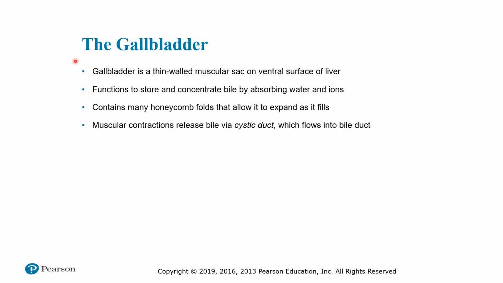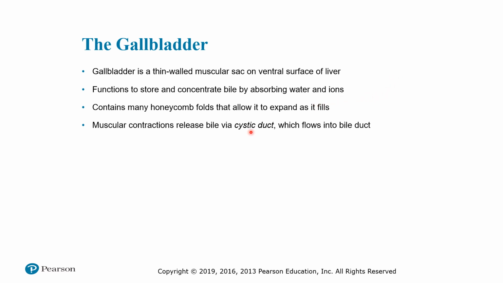Now I said that bile is synthesized by the liver and stored in the gallbladder. The gallbladder is a thin-walled muscular sac on the ventral, meaning anterior, surface of the liver. It functions to store and concentrate bile by absorbing water and ions. So when bile is stored in the gallbladder, it absorbs the water and ions, and this way it concentrates the bile.